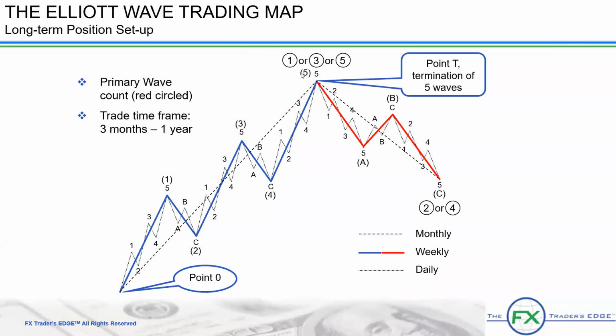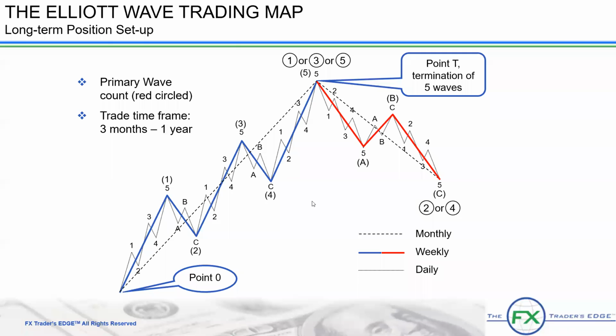So if you were to run this trading map for a long-term position setup, then you would be looking at the monthly chart, which is dotted, the weekly chart, which is the blue line and the red line for the correction, and the daily, which would be your trade entry chart.